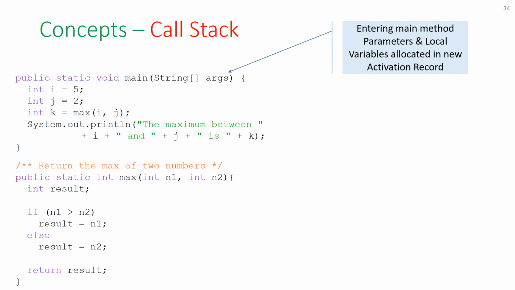I write down: you are calling this method, you are passing these arguments, this is how the arguments are going to map to the parameters, and so on. Put that on the stack. Now I'm executing the method that you called. Are we done executing the method? Okay, I'm going to remove that post-it from the stack, and I'm going to go back to whatever I was doing before that. So that data structure helps us keep track of what method we called.